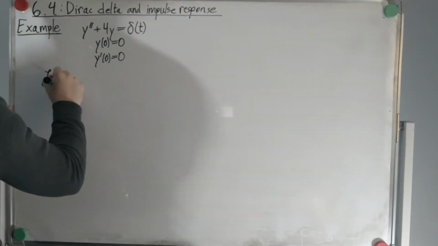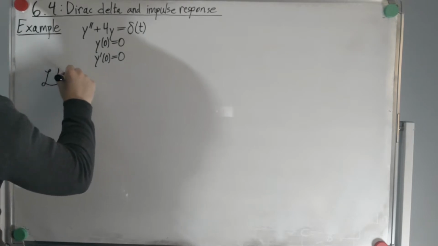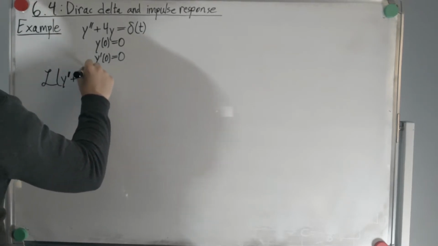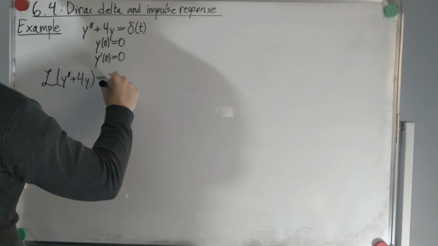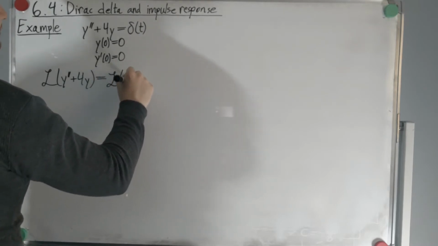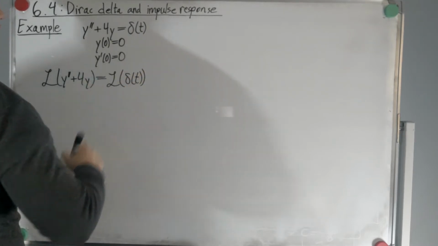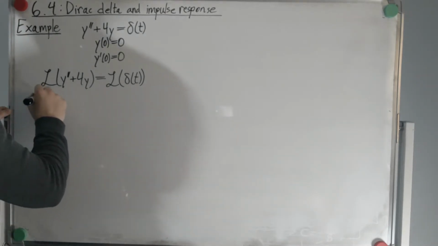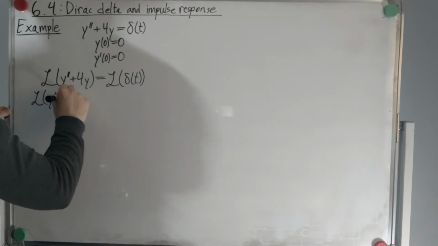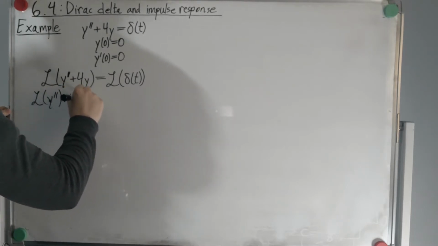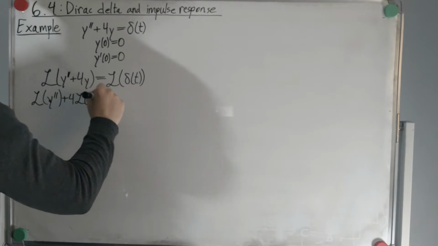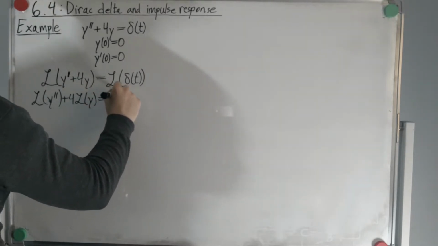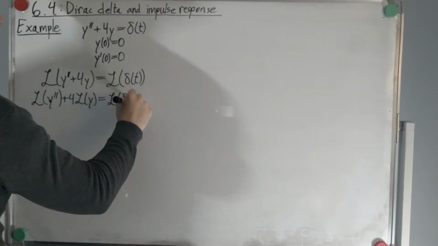So, we're going to take the Laplace transform of both sides. y'' + 4y = Laplace transform of delta of t. This is the Laplace transform of y'' plus 4 times the Laplace transform of y equals the Laplace transform of delta of t.